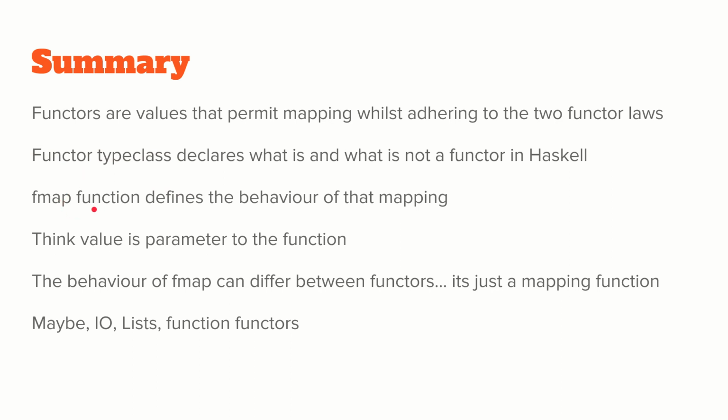So the type class of functor is slightly separate to what a functor is. This is the declaration. This is you, or the system, Haskell, saying this is a functor. So the fmap function defines the behaviour of that mapping.